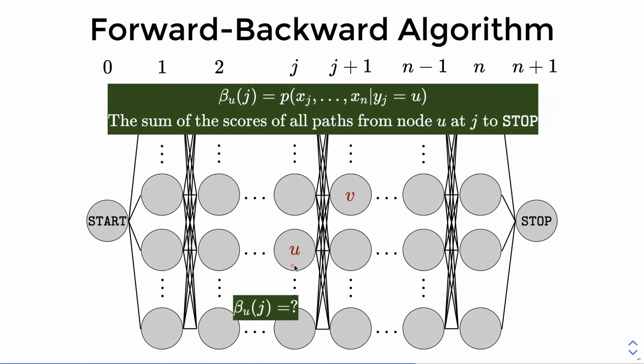Our job now is to calculate the sum of the scores of all the paths connecting this guy and stop, and we have to rely on the scores stored inside the next layer. You may want to call it the next layer or previous layer, it's up to you, depending on your perspective.